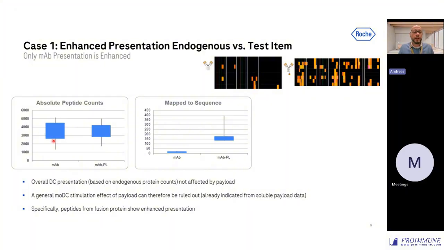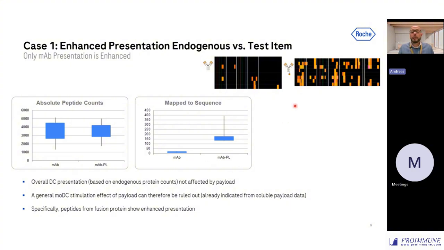But here we again see that the amount of peptides detected between the antibody and the antibody with the payload is basically unaffected. However, if we specifically look at peptides that originate from the monoclonal antibody, we again see that without payload, these counts are drastically lower than if we take the peptides that are together with the payload.